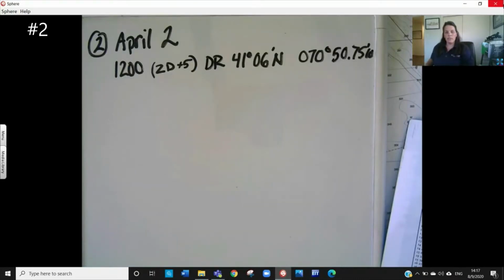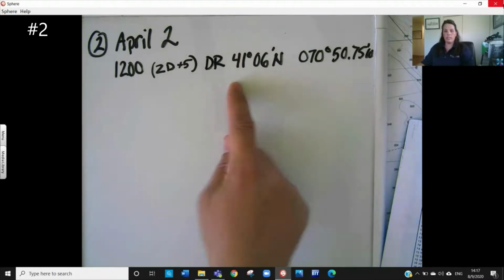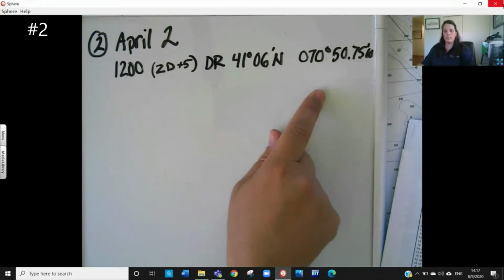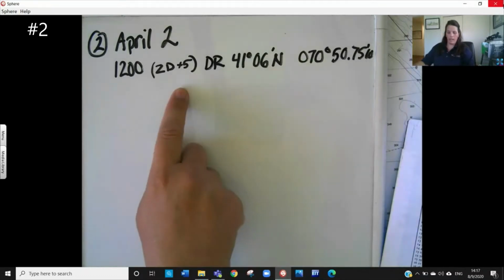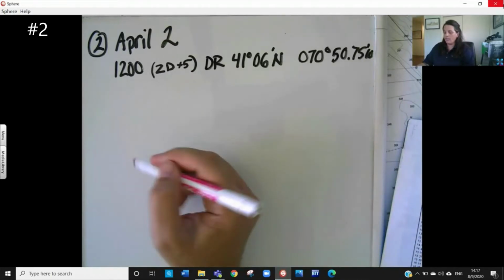Okay, number 2, April 2nd. Our DR is 41.6 north, 070°50.75' west, and we have a zone description of +5.